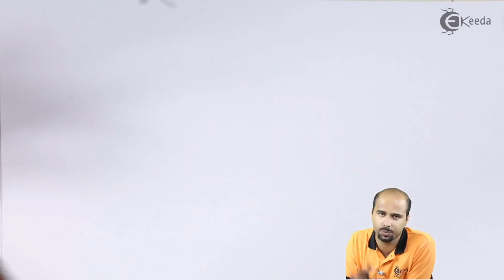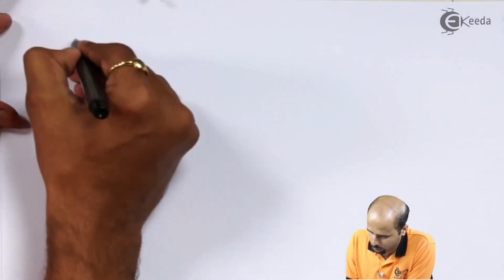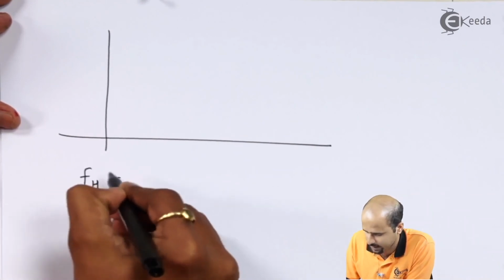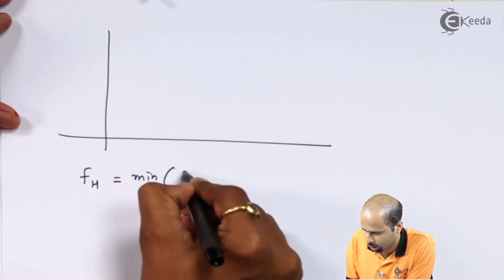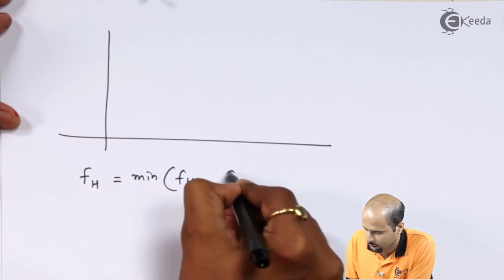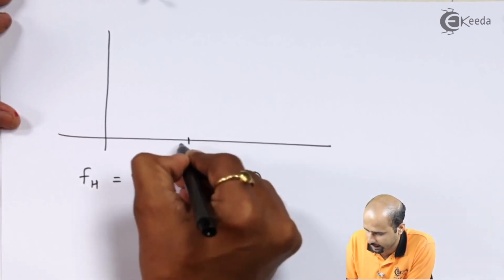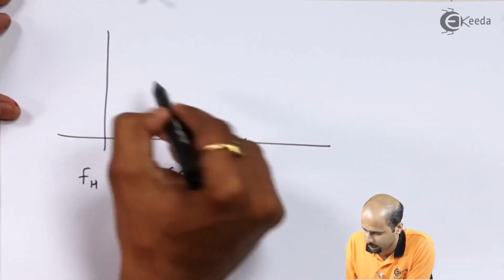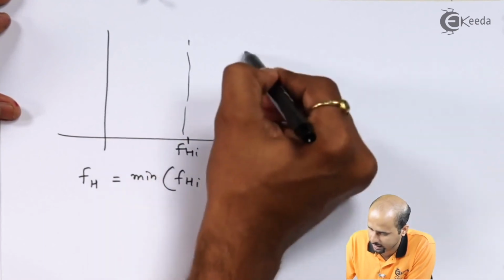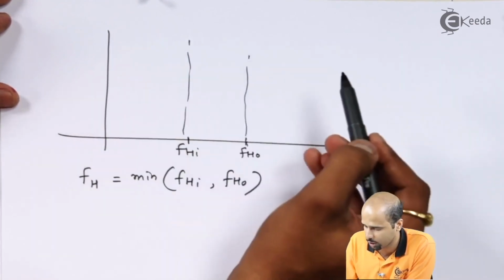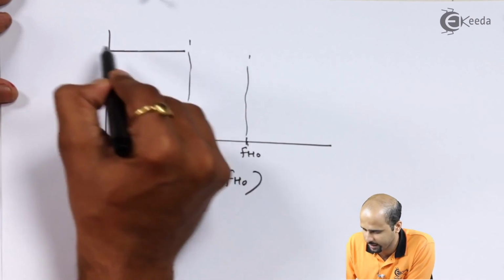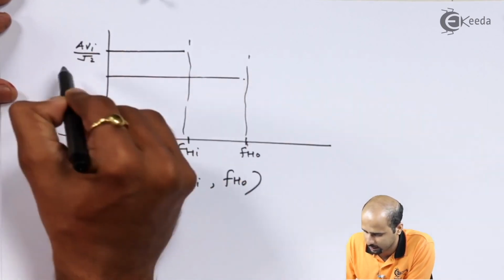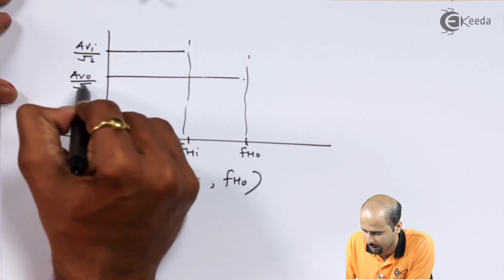So from this video we get the values of FHI and FHO, and the question arises which value we have to take. From the frequency response, FH is the minimum of FHI and FHO. If FHI is the minimum value and FHO is the maximum value, then from FHI we get a higher valued gain, AVI divided by root 2, than from FHO, where we get the lower valued gain, AVO divided by root 2.